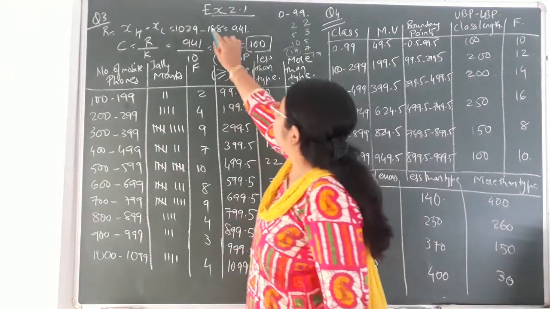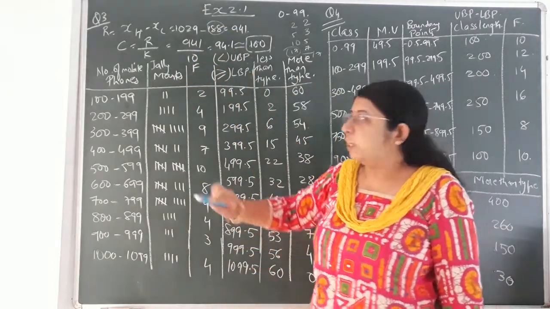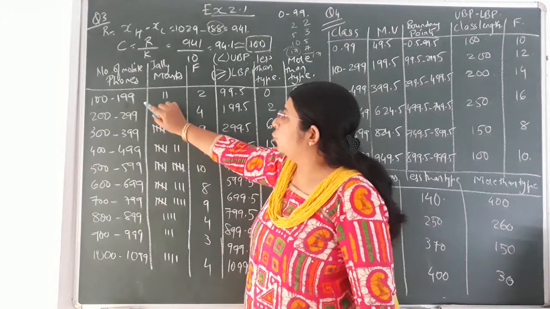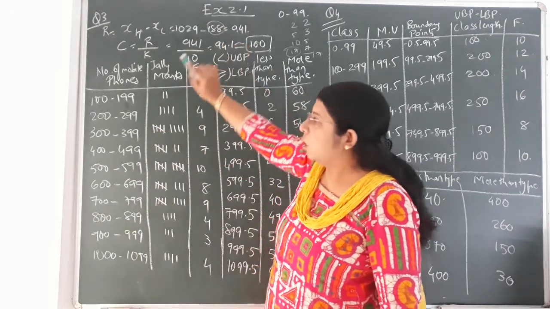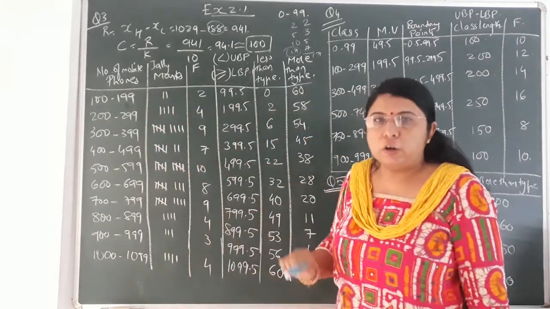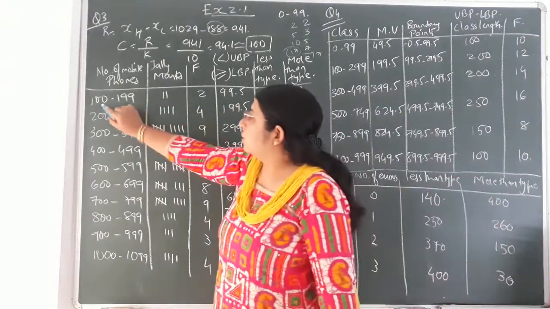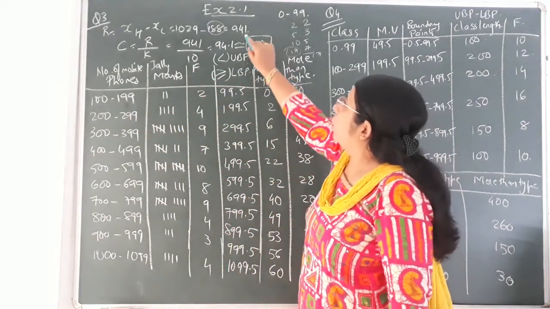Over here, what is the minimum value? That is 188. So in the first class, whatever we decide, it should include the minimum value, that is 188. You can see 100 to 199, 188 will already be coming in. That's why the first class is 100 to 199, which means a gap of 100.